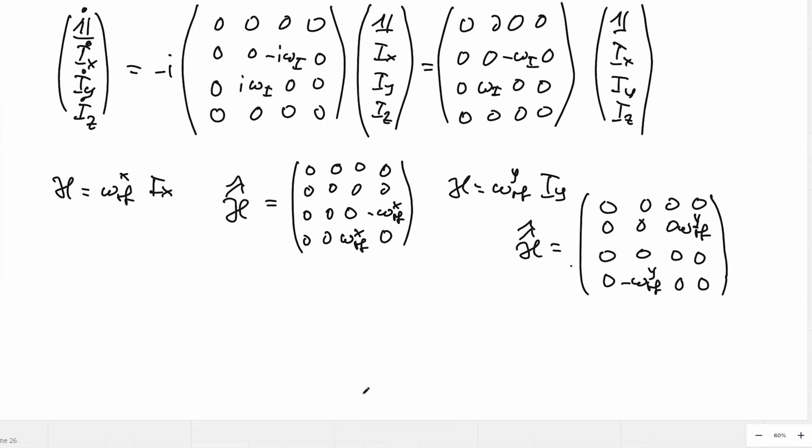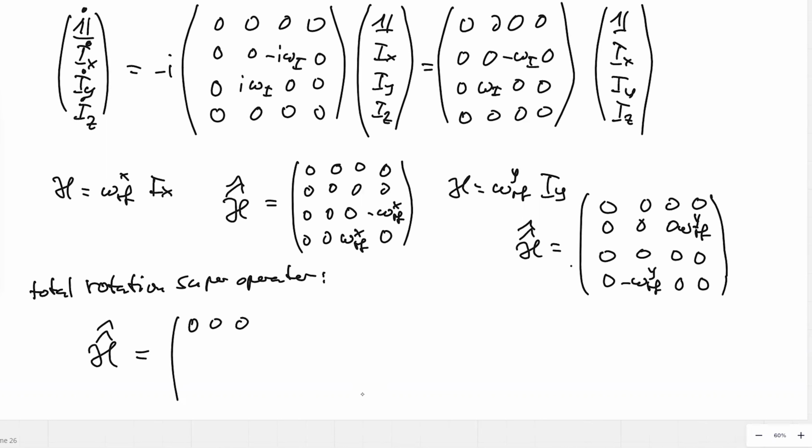So when you combine all of them, the total rotation superoperator, you get the operator of the form 0, 0, 0, 0, 0, 0, 0. And then inside we have the diagonal, also zeros.